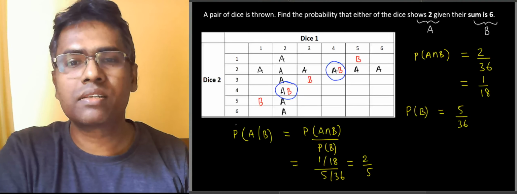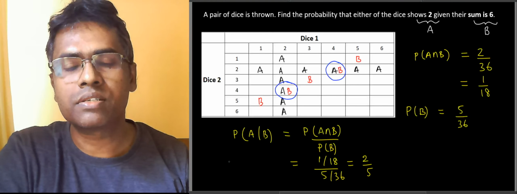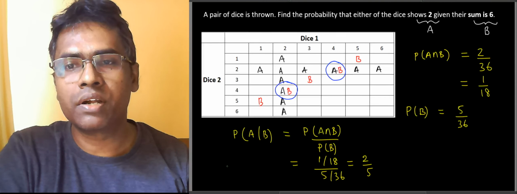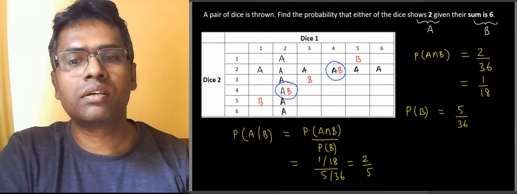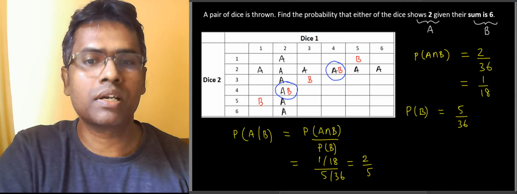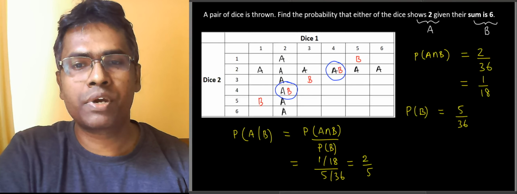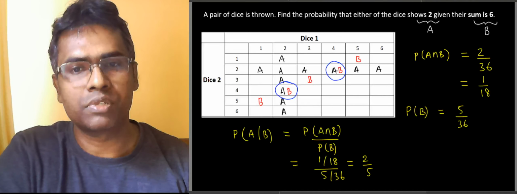Now another simpler way to arrive at the answer is using the idea of the reduced sample space. Since we are interested in the event A only after event B has occurred, I pretty much don't care about many of the outcomes in the sample space.